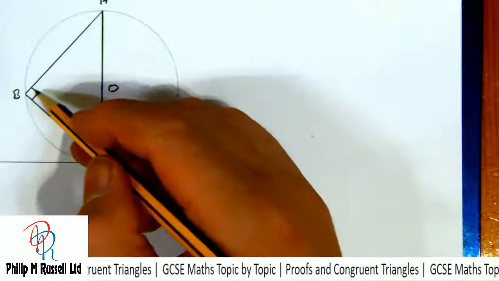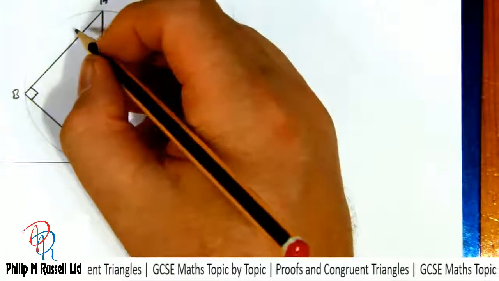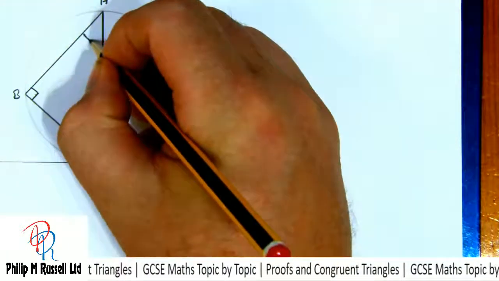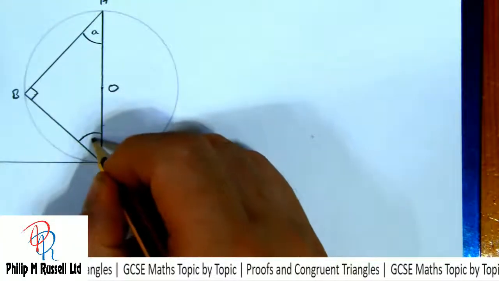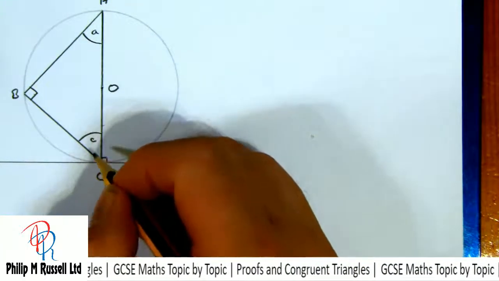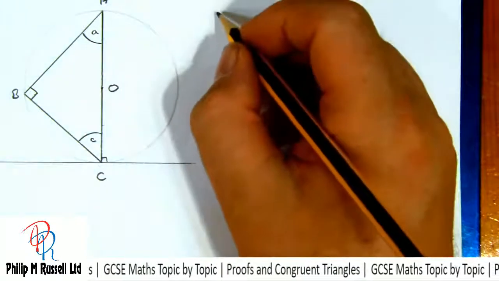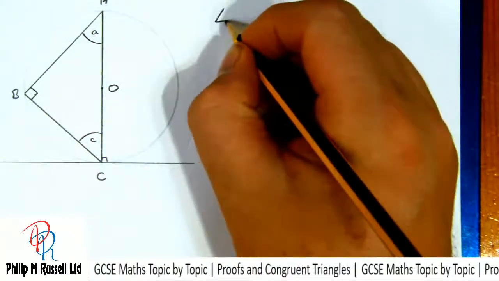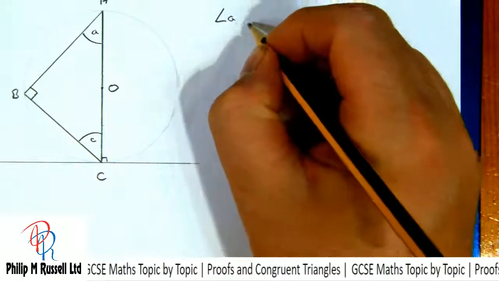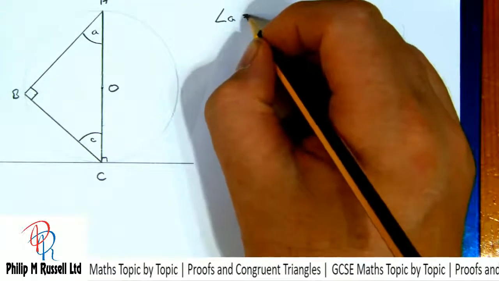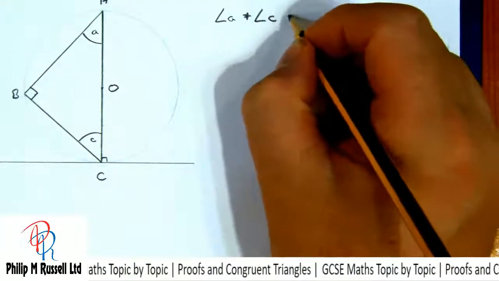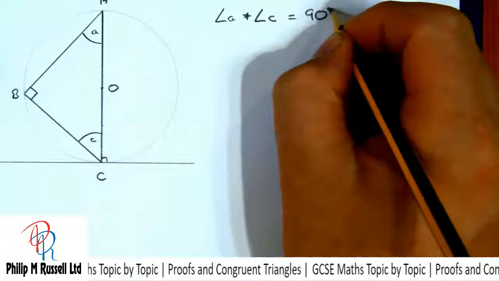If this is 90 degrees, then we also know that this is angle A, let's say, and angle C, let's say. So I know that angle A plus angle C will equal 90 degrees.